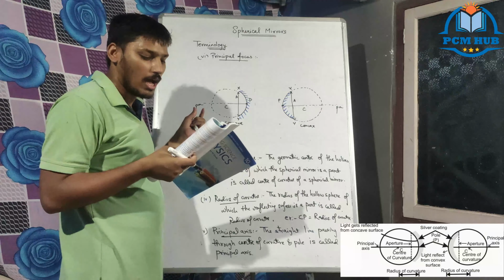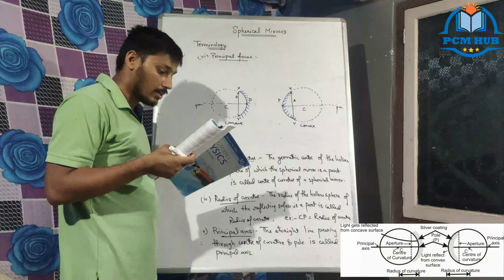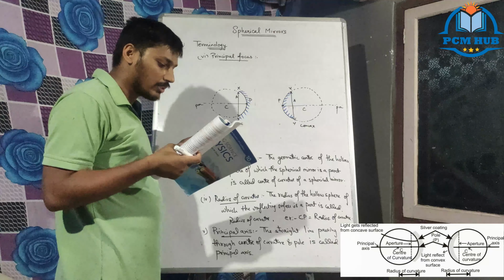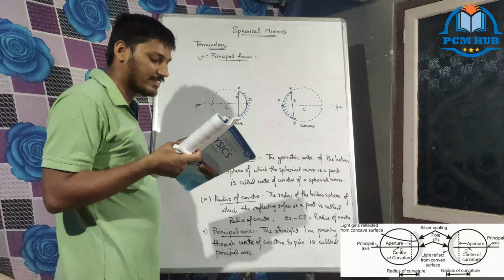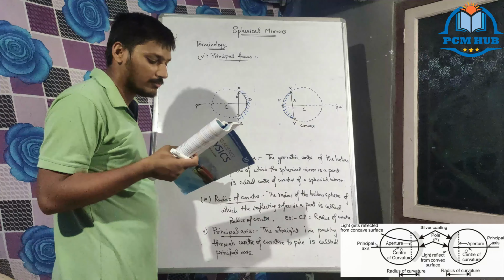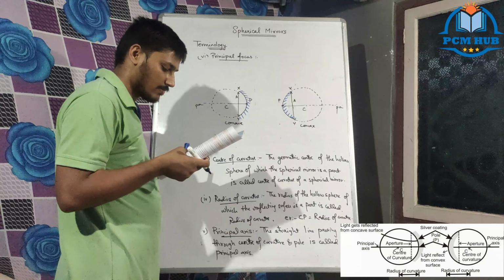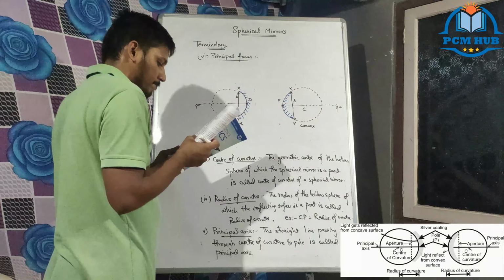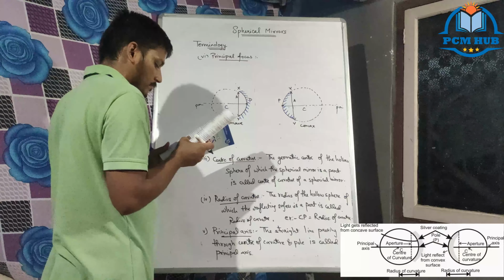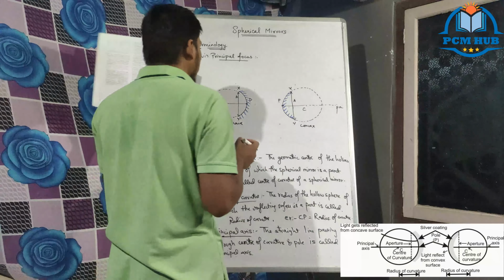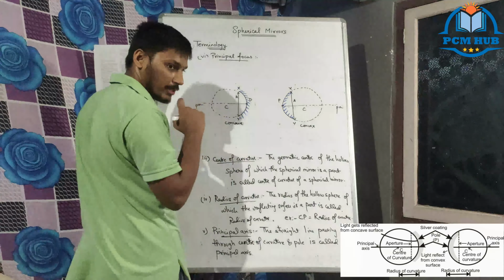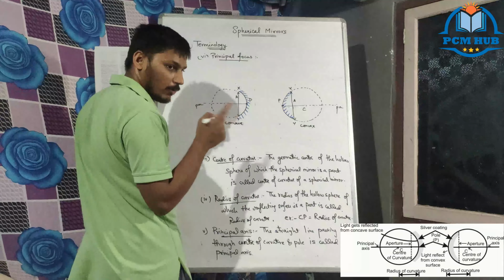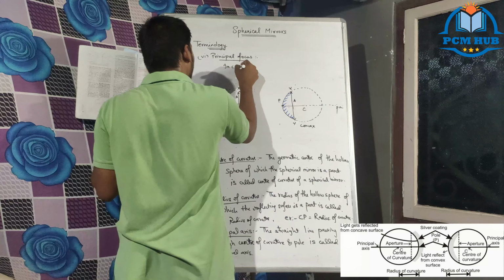The principal focus of a concave mirror is a point on its principal axis at which the light rays, when coming parallel and close to the axis, converge after reflection. So this principal focus will change. Principal focus has two different definitions according to concave and convex.